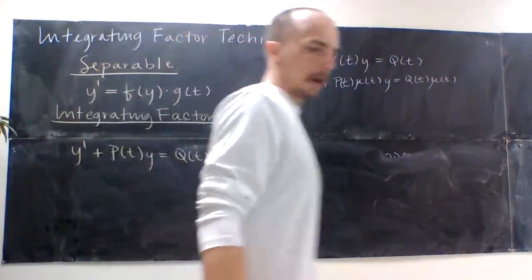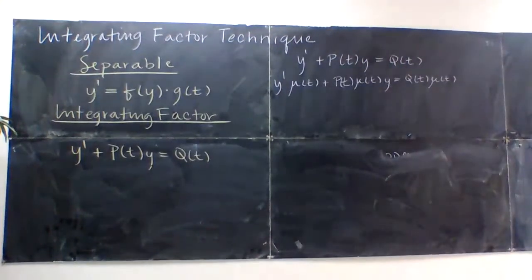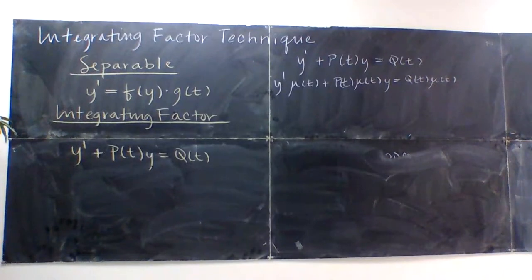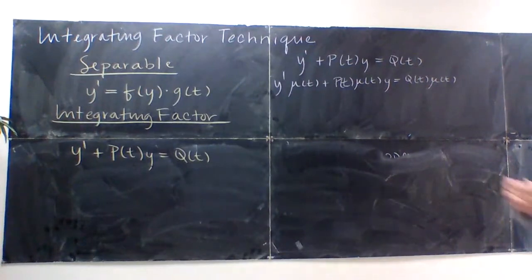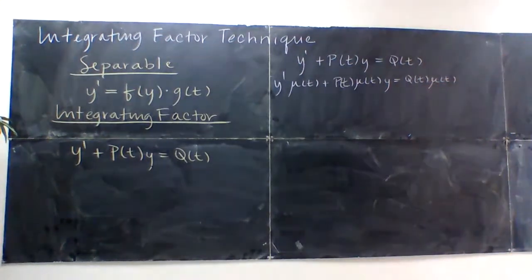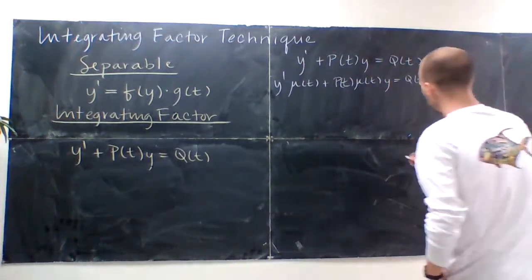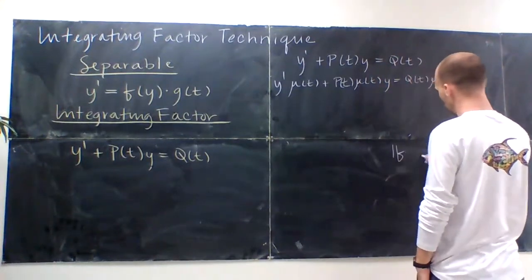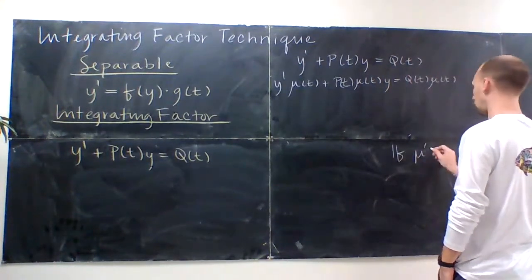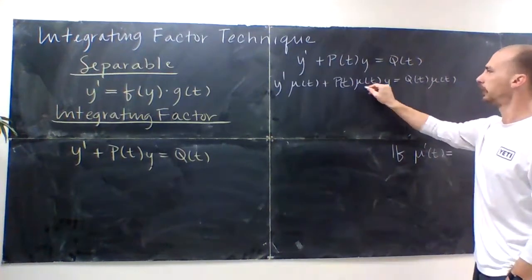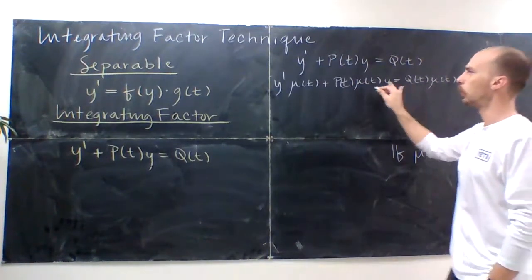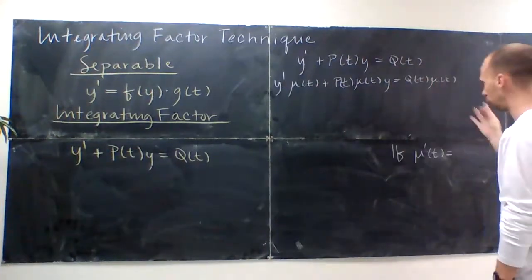All right, now off to the side, I want to point out that if we can figure out a situation where mu prime is equal to p of t mu of t, then we've got a product rule situation.